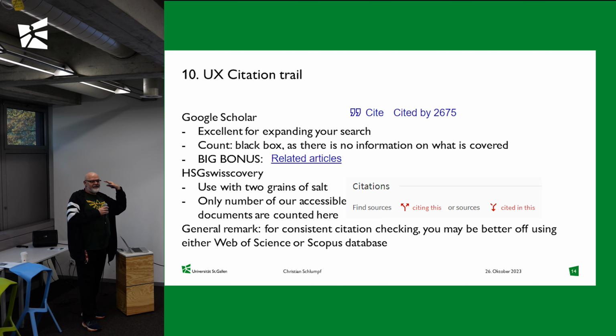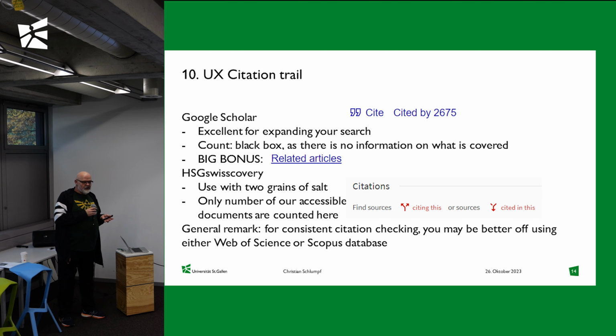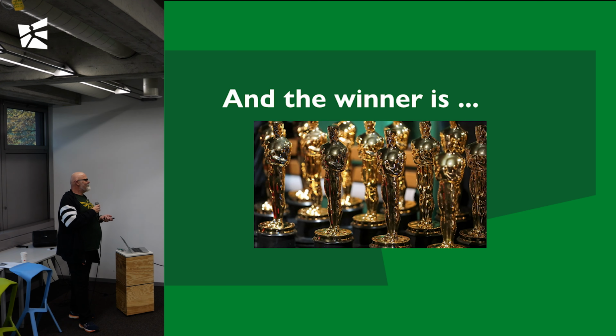If you want to do citation search, if you want to do a consistent citation checking, there are specialized databases that you can use. They're also licensed here at the university. And we would recommend that you work then with Web of Science or Scopus, because they have clearly defined what is indexed, when is it indexed, and all that information that is relevant for this.